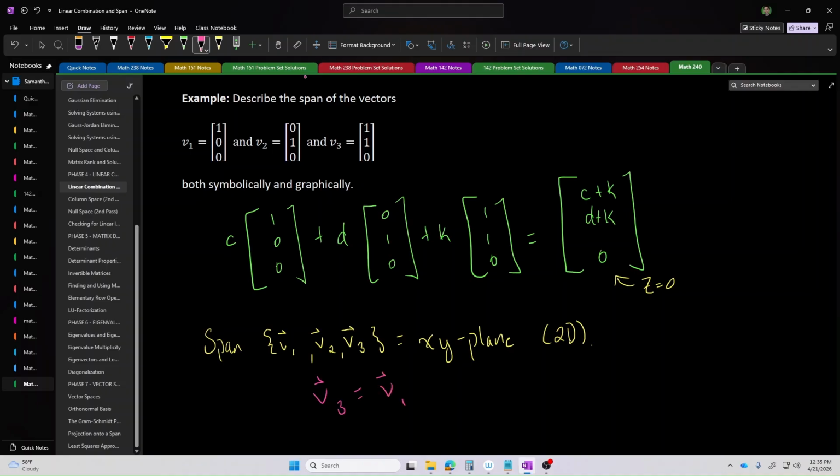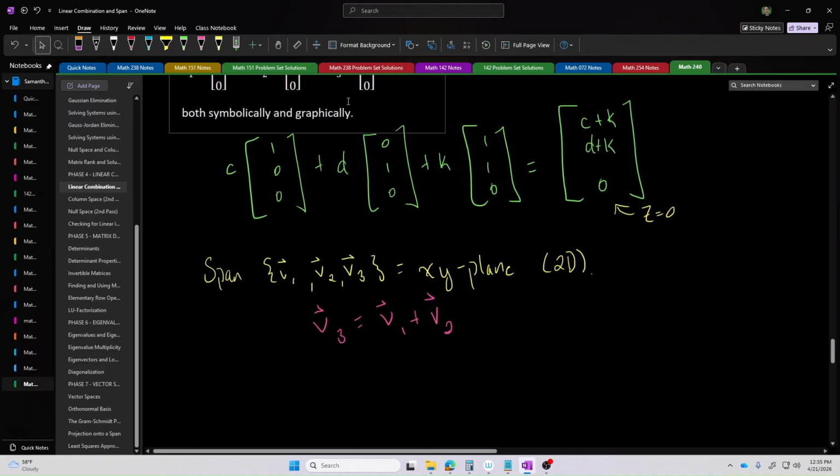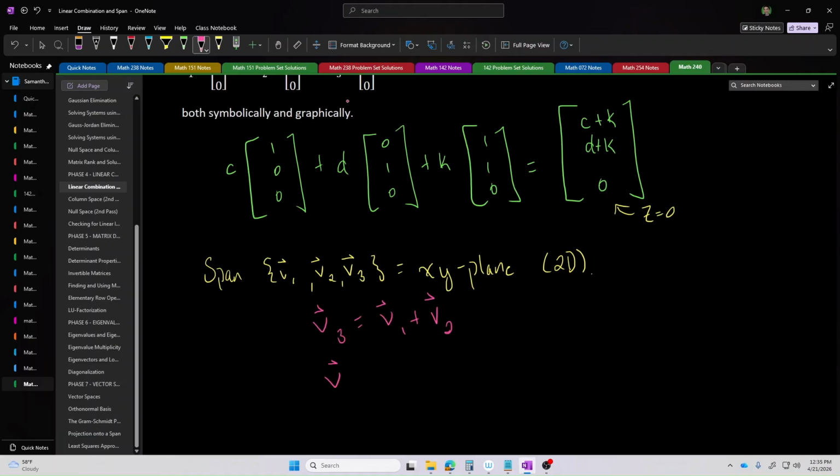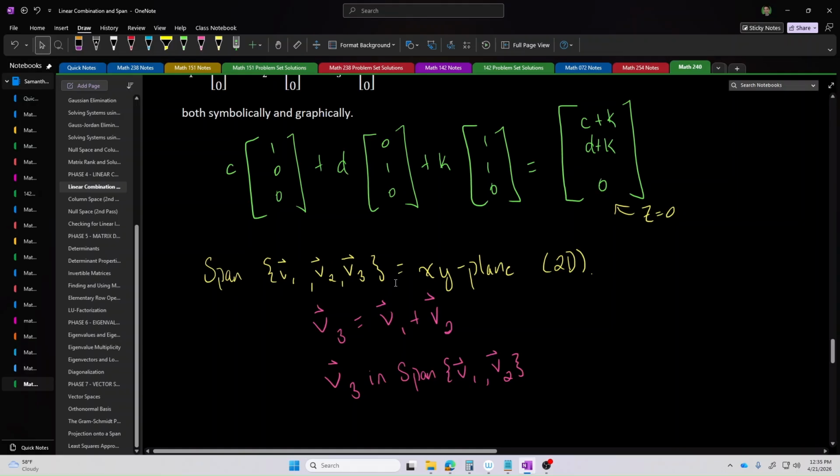Vector v3 can be obtained by summing together v1 and v2. So vector v3 is already in the span of the other guys. So it's not really contributing anything new or meaningful to the span of this larger set.